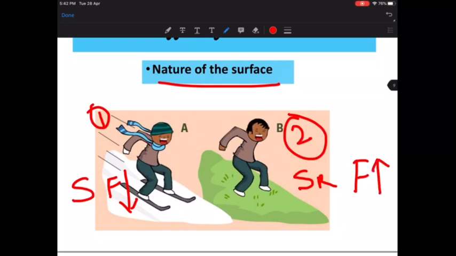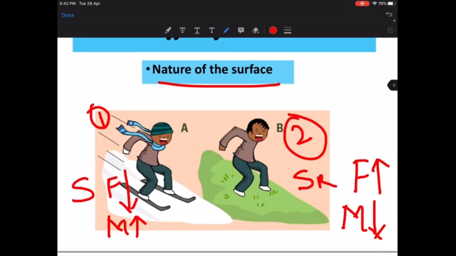So the lesser the friction, the more the motion. This also is very important. The lesser the friction, the more the motion. Okay, in the second case, if the friction is very high, very large, then the motion will be restricted. The movement will be restricted.